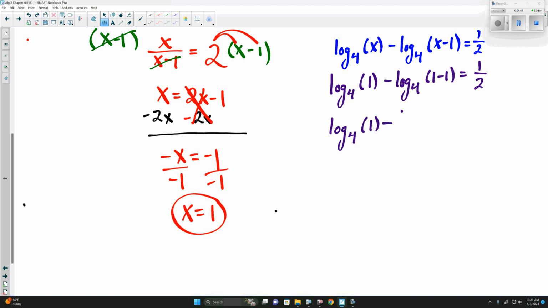That'd be log base 4 of 1 minus log base 4 of 0. So does 1 actually work? Because we can't have 0 inside of a logarithm.